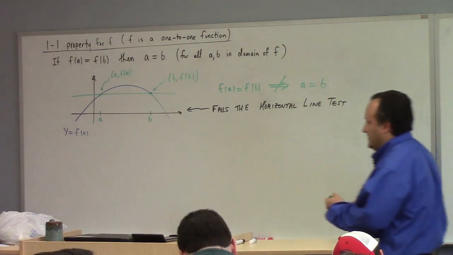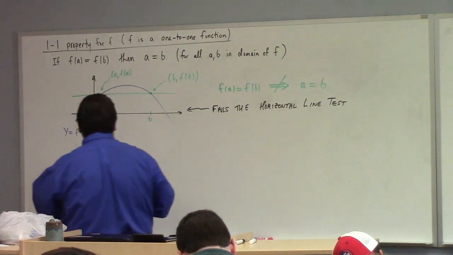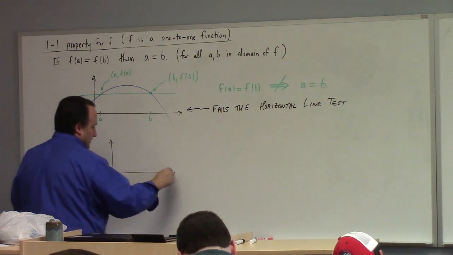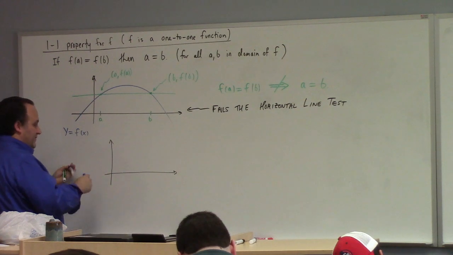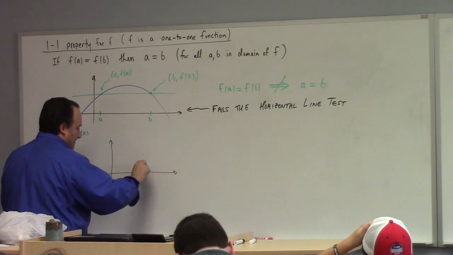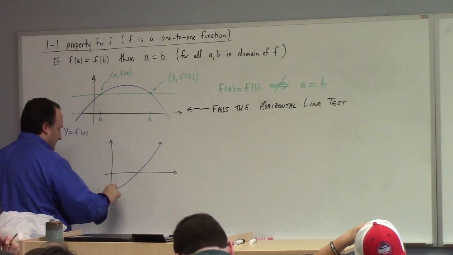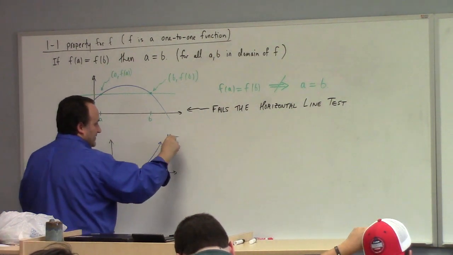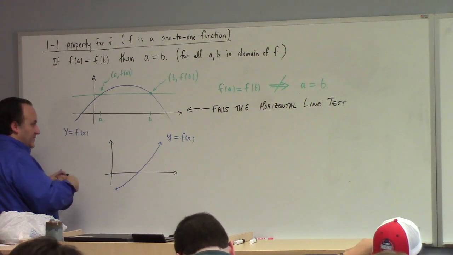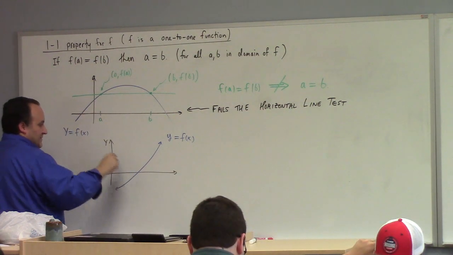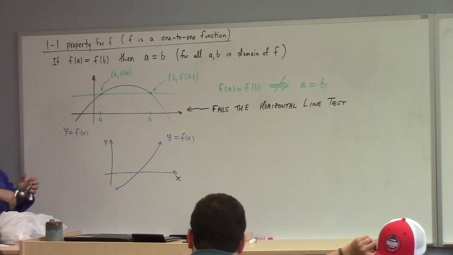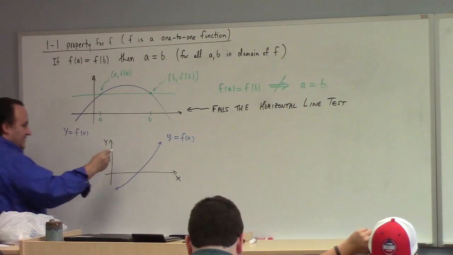So let me give you another example here. If the function looked like, let's say, this, so here's a graph, y equals f of x, then this function would be one-to-one because, if we look at any possible horizontal line, it only hits the graph once.